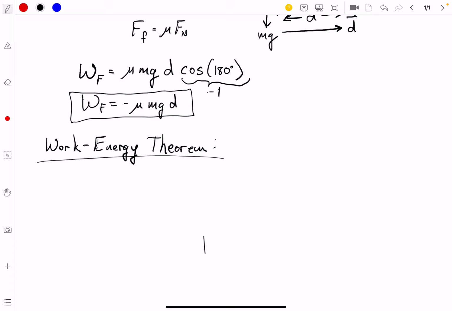I'm going to just go straight for the actual, so all the net work that happened, all the forces combined did all their work, okay? So all of them are doing their thing. And what happens is that changes the kinetic energy of the situation. So if you have delta KE equals your net work, great, that is the answer.